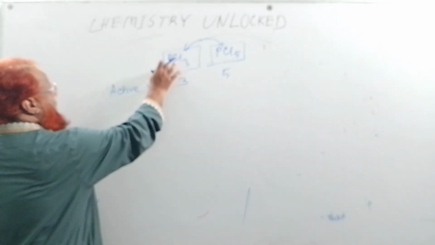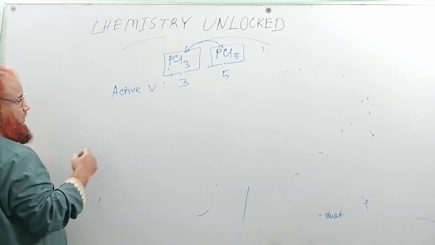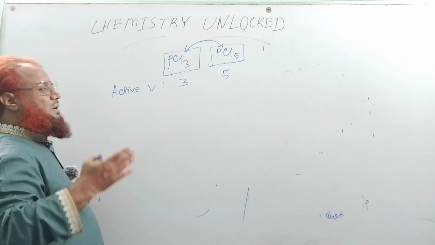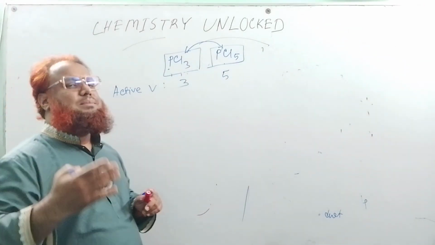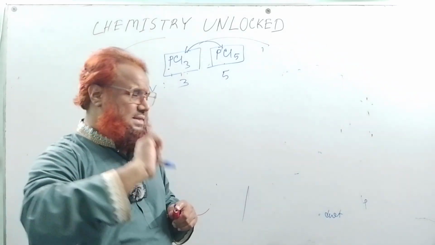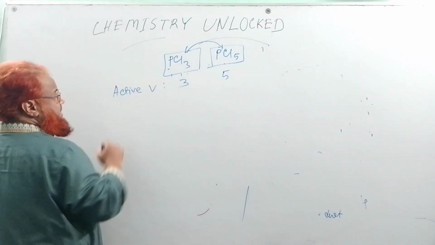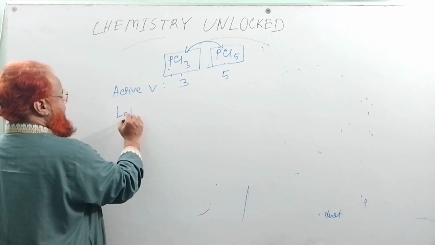Variable valency. So here the valency of phosphorus is variable valency. So what is the definition of variable valency? If an element has more than one valency, then its valency is called variable valency. Now, what is latent valency?